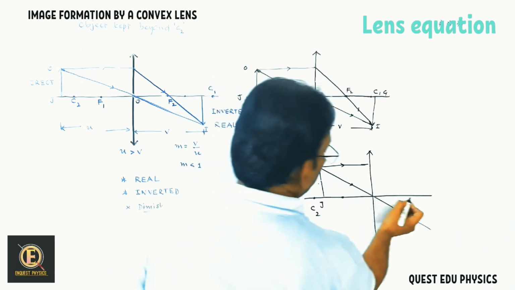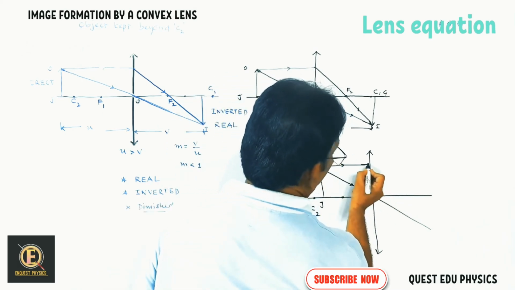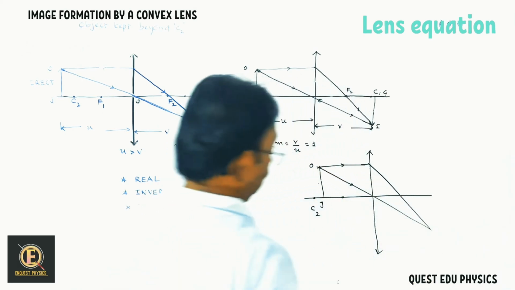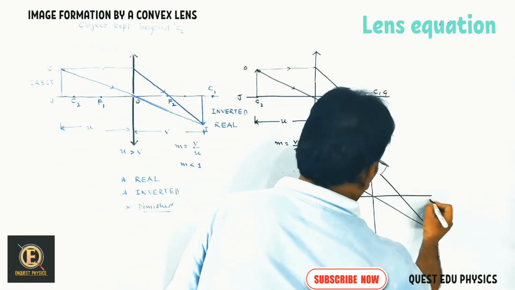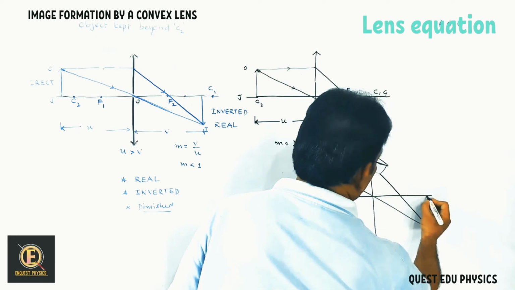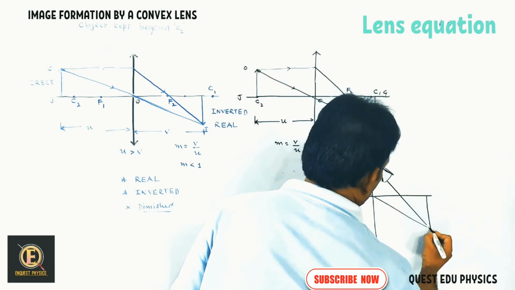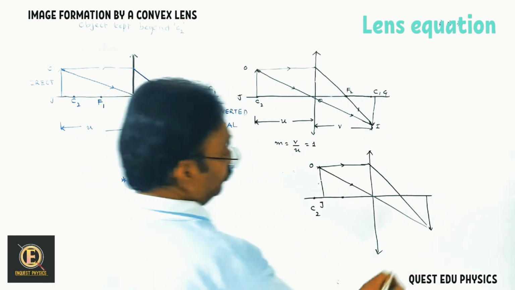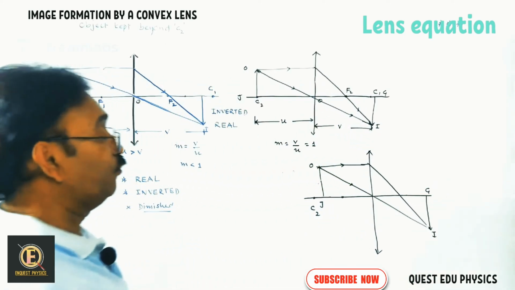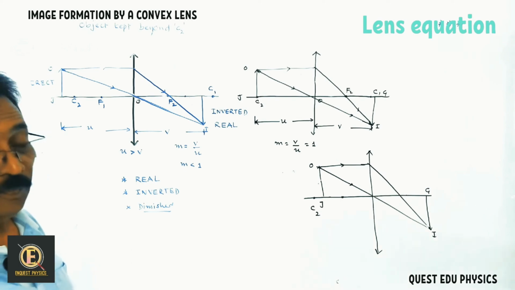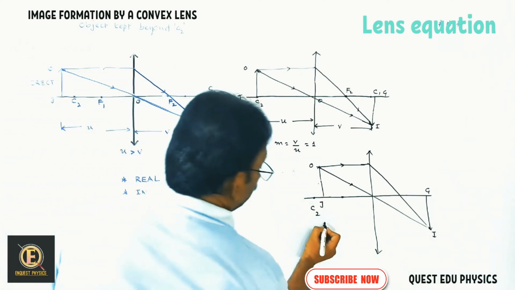Okay, then what happens here? After refraction, it passes, and if you join, it is the image we form. Okay, we have to find out the location of the image.